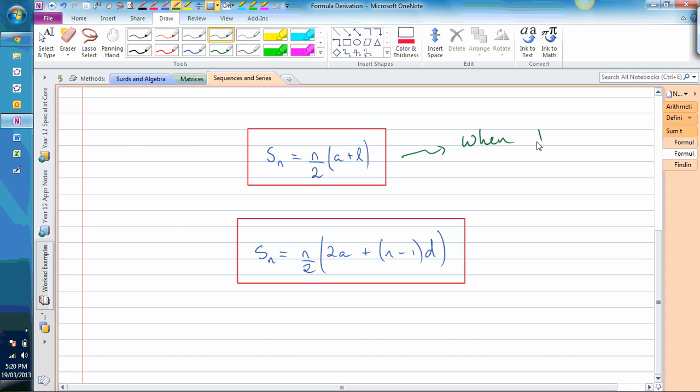Use this one when I know A, when I know L, and when I know N. Use this one when I know A, D, and N. So depending on how much information I know about my series, we choose a different form of this equation.